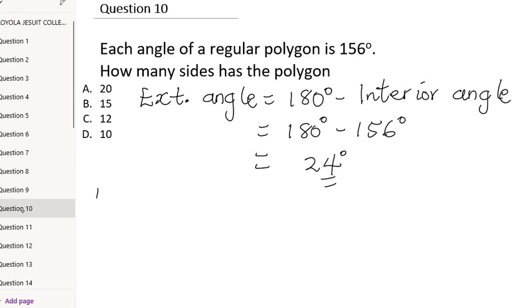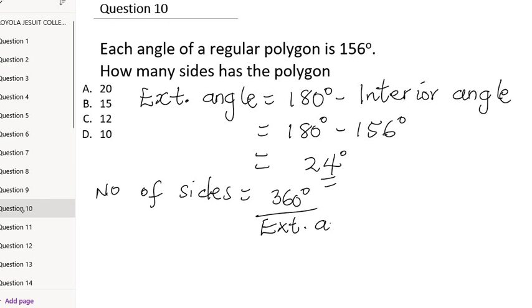Now that we have the exterior angle, how many sides has a polygon? Number of sides of a polygon equals 360 degrees divided by exterior angle.